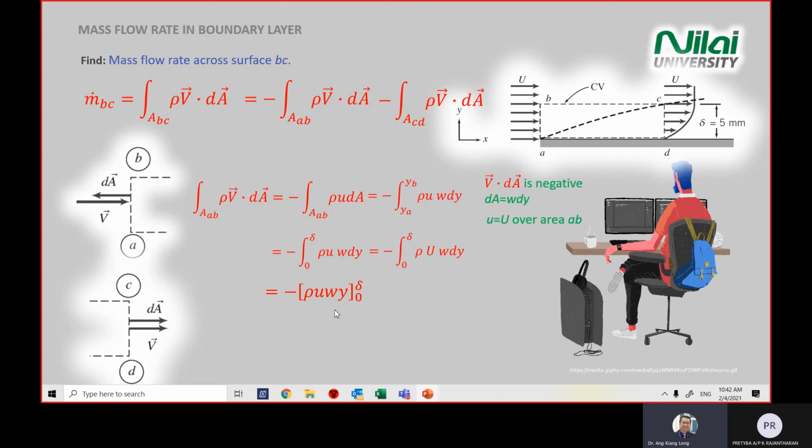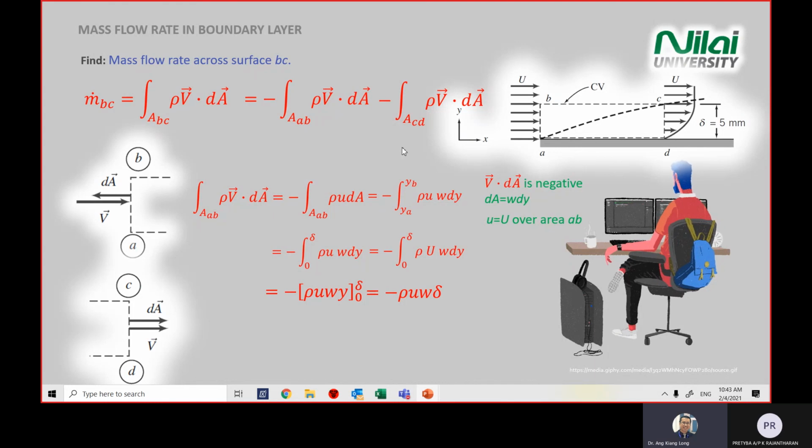The rest is just integration steps. At the end you get negative rho u w delta from the calculation steps. So we have done the first one.